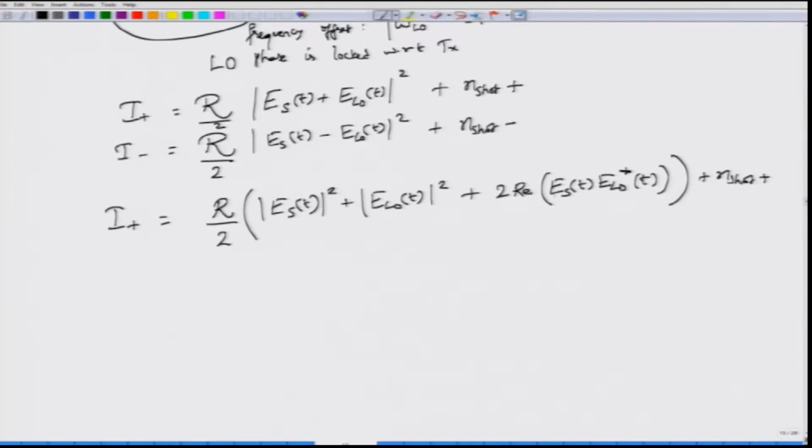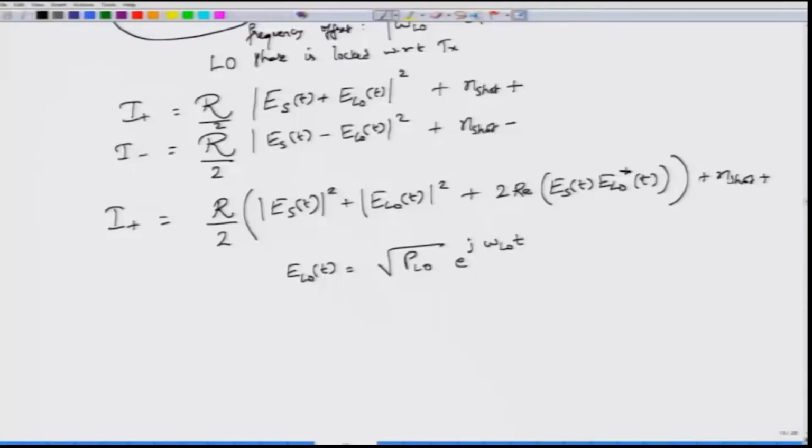What is this Es of t ELO conjugate of t? We have ELO of t, which is the local oscillator output, having an amplitude of square root PLO, okay, and then you have e to the power j omega LO t. We are going to assume that this local oscillator has a constant phase, and remember that constant phase is the difference between the transmitter and the receiver phases, which we are going to assume to be constant, okay.